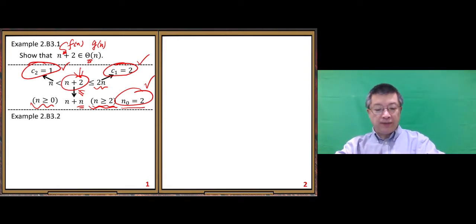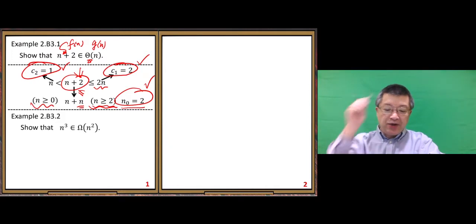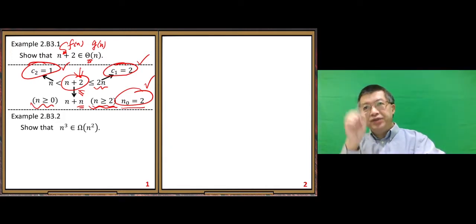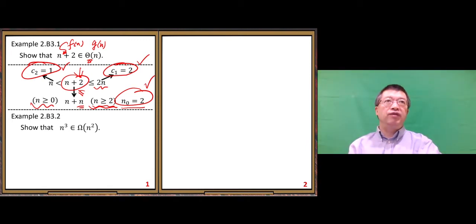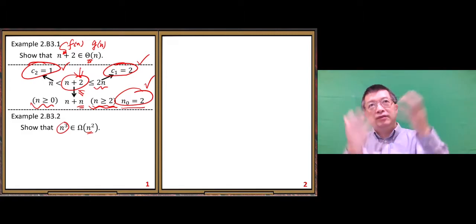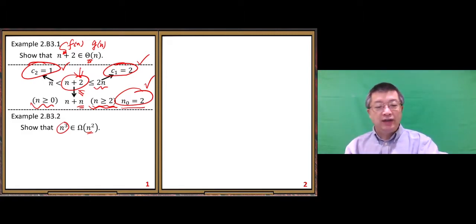The second one: n cubed belongs to big omega of n squared. First, we need to recall the meaning of big omega: bounded below, a lower bound. Can we use a constant multiple of the g function n squared to bound our f of n function n cubed from below? Yes, that is pretty easy.